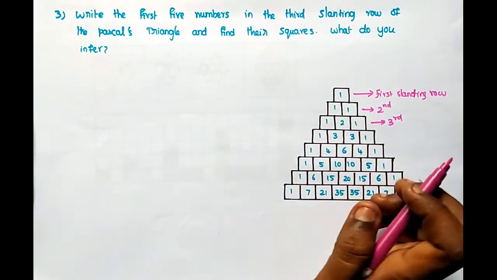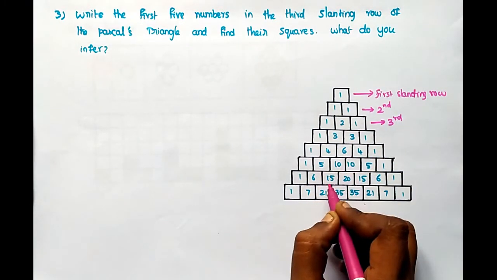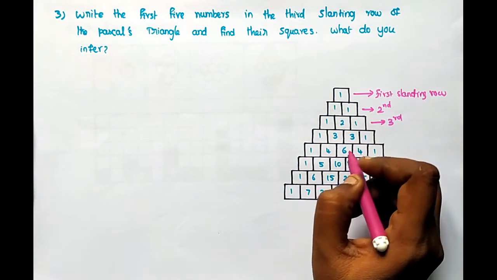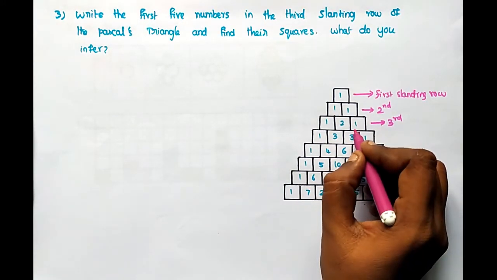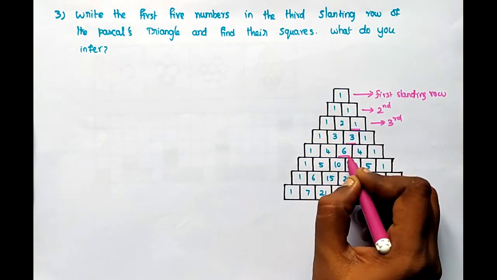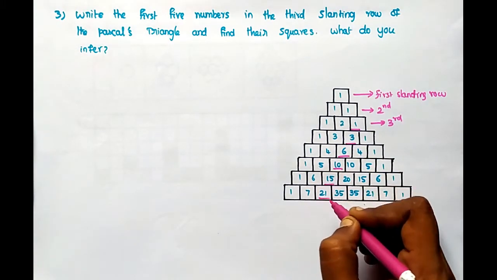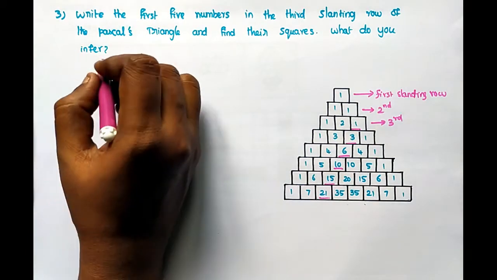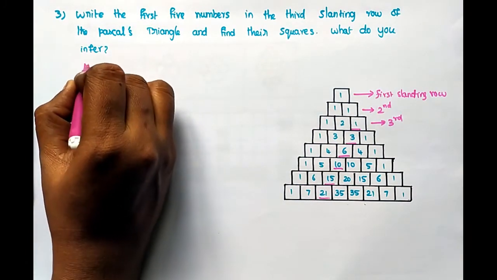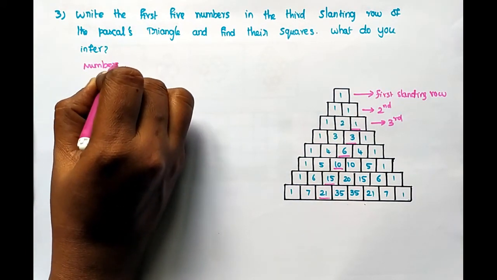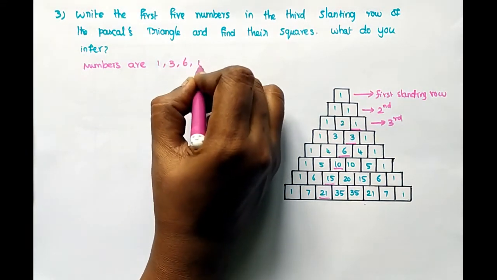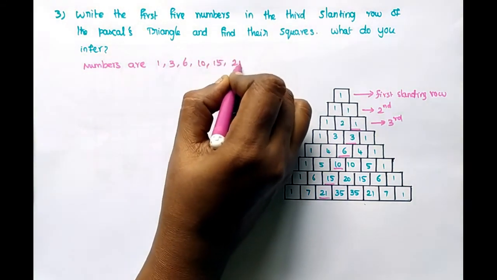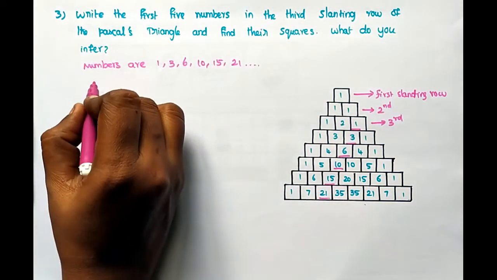Third slanting row, the first 5 numbers, that is 1, 3, 6, 10, 15, 21, etc.